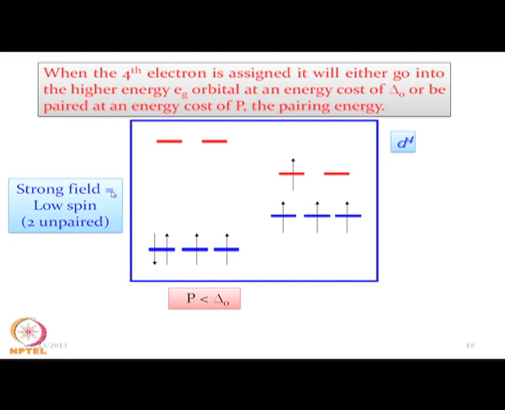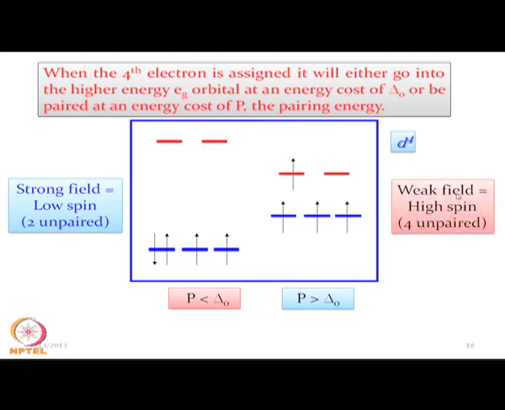It is a strong field situation, we have only 2 unpaired electrons, and when P is greater than delta octahedron, we get the corresponding weak field or high spin situation with 4 unpaired electrons. So, we can write it in these two forms, whether we are writing P relative to delta octahedron or delta octahedron relative to P, but we should be careful which way we are writing and how we are dealing with the strong field and the weak field situation by looking at the number of electrons in these two levels.